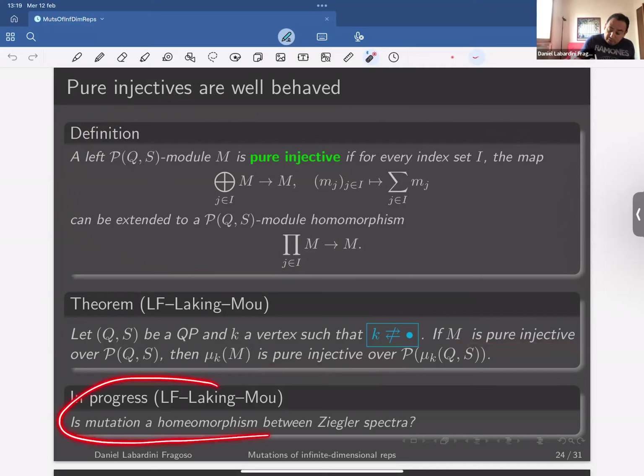And something we are working on is this mutation of infinite dimensional representations. Now we know that it sends pure injectives into pure injectives. What we believe is that it is actually a homeomorphism if on the set of pure injectives you put the Ziegler topology.